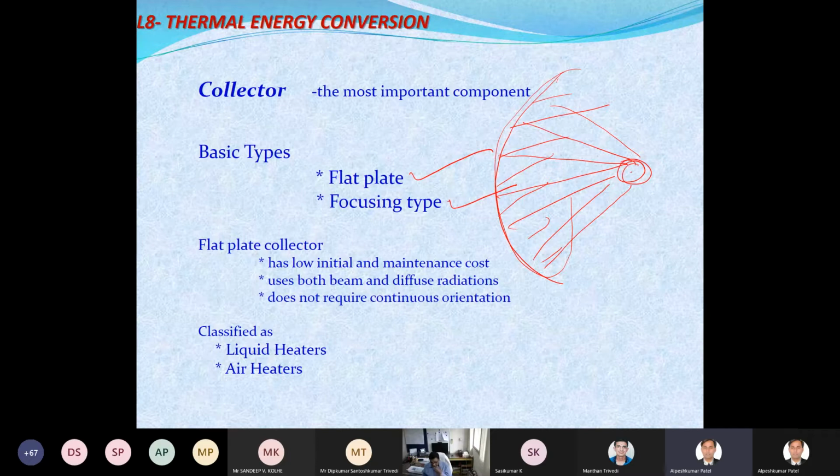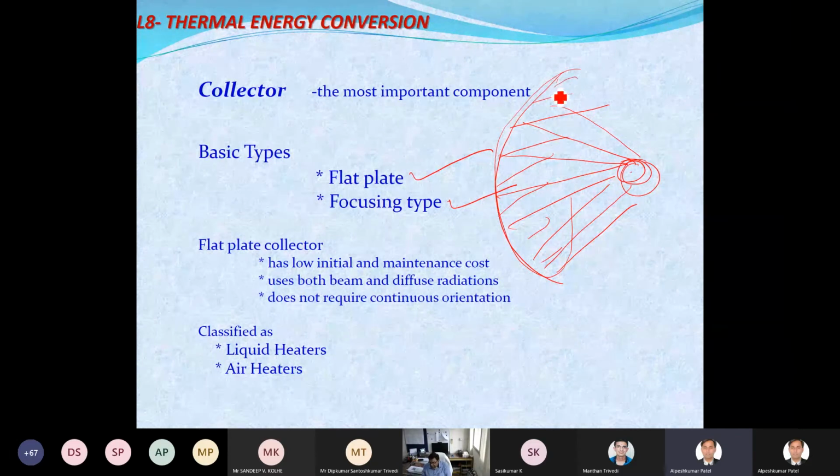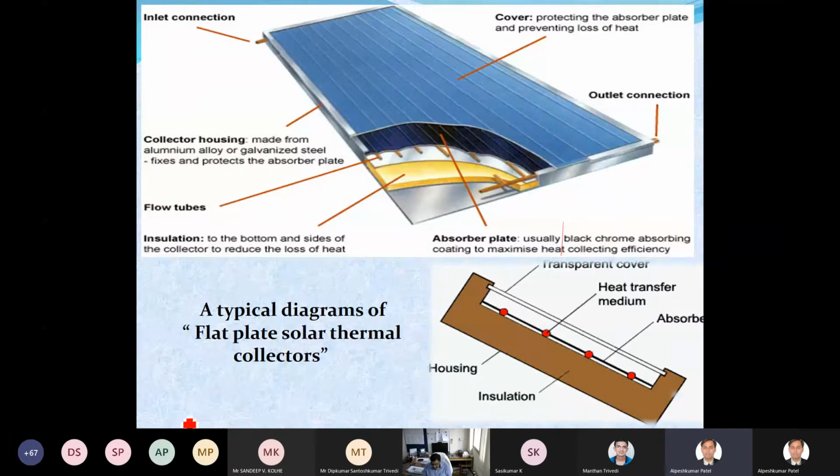The system is designed, of course, in 1.5 hours I cannot talk about all the engineering, but you can ask me if you feel the need. So the temperature of the fluid depends upon the concentration ratio. This concentration ratio is nothing but the frontal area over which you are receiving the solar radiation.